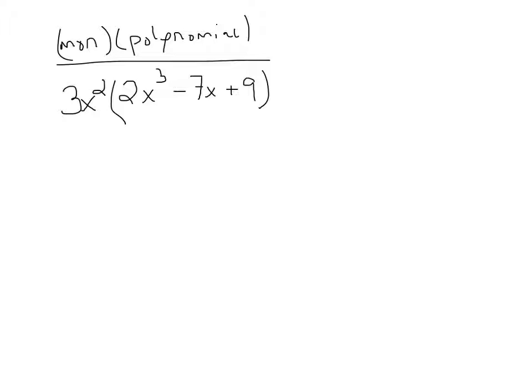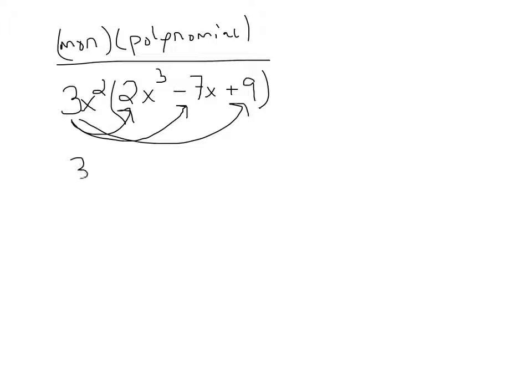Here what we're going to do is we're going to distribute, just like we would do in any other multiplication problem. The 3x squared needs to get multiplied by all three of these terms. So really what we're doing is monomial times monomial 3 times. We're going to multiply these monomials, then we're going to multiply these monomials, and then finally these.